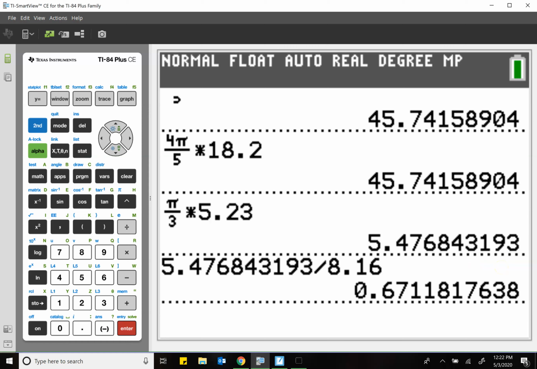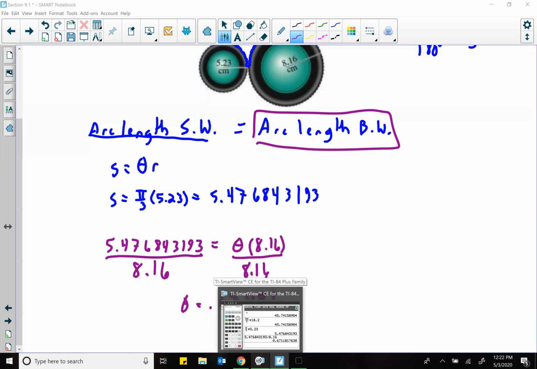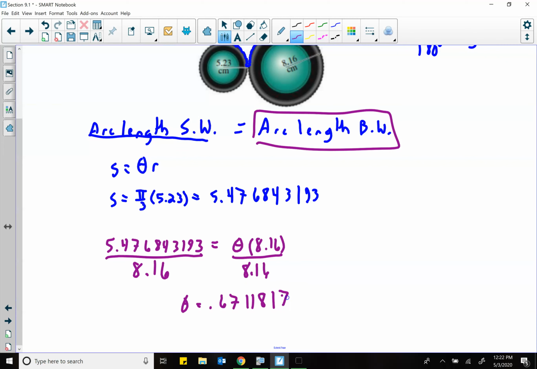We want to be in degrees. So we got 0.6711817638, and again, this is radians.